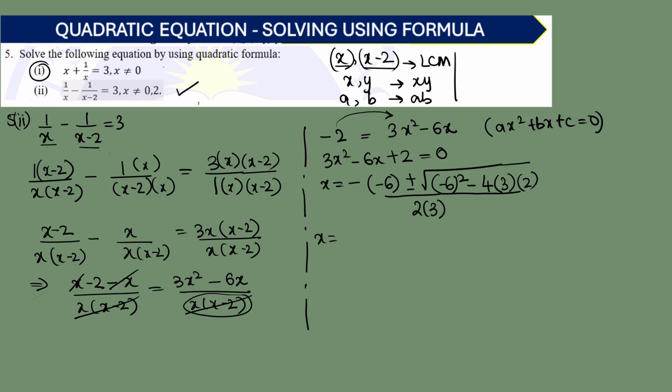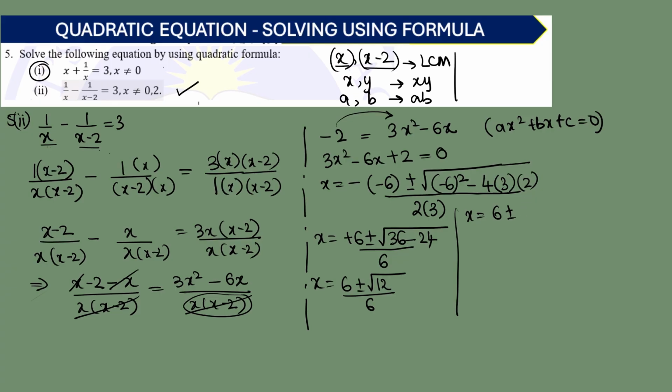So what is x? X is plus 6 plus minus under root of minus 6 the whole square is 36 minus 4 3s are 12, 12 2s are 24 upon 3 2s are 6. So x is equal to 6 plus minus under root of 36 minus 24 is 12 upon 6. So can we say x is equal to 6 plus minus under root of 12.